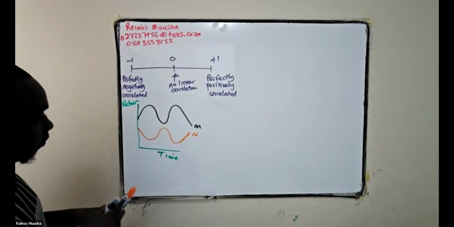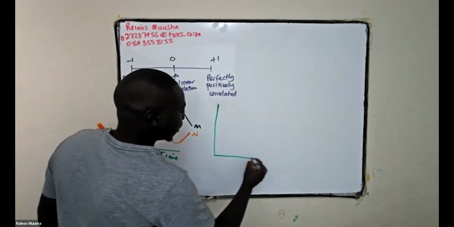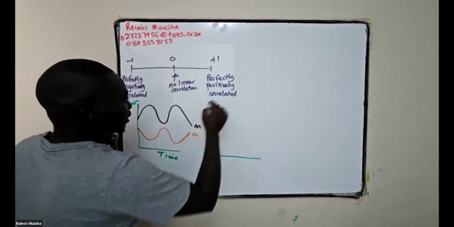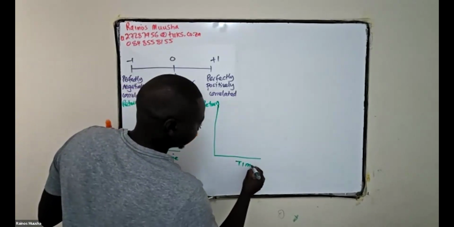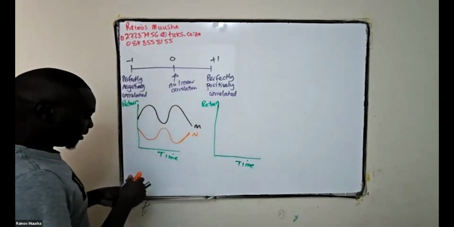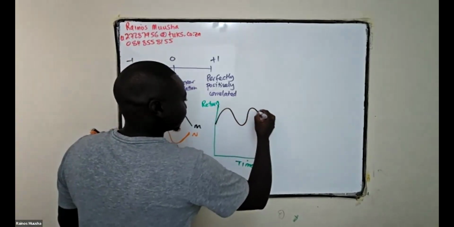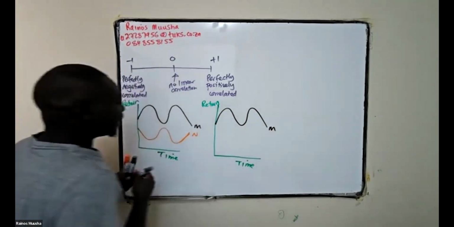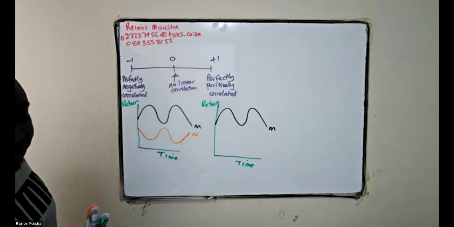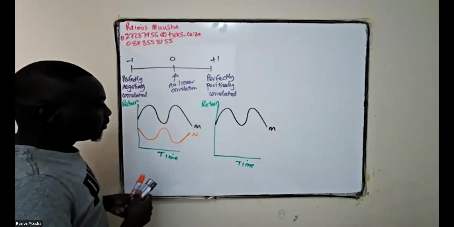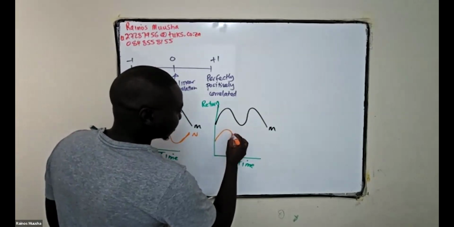Then, when you look at positive correlation, remember we said we're looking at the returns of these two assets over time. If they are negatively correlated, remember we have asset M moving in this direction. If they are positively correlated or perfectly positively correlated, we're basically saying that when asset M's returns are increasing, asset N's returns are also increasing.